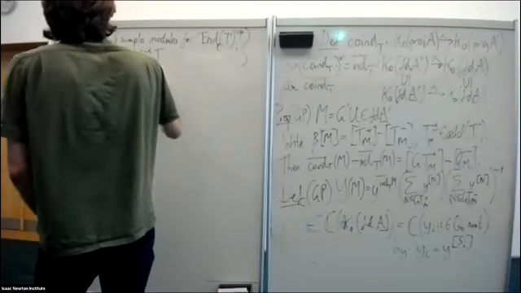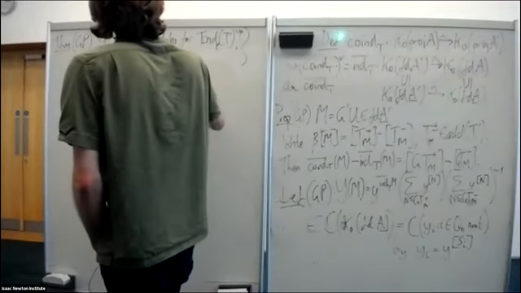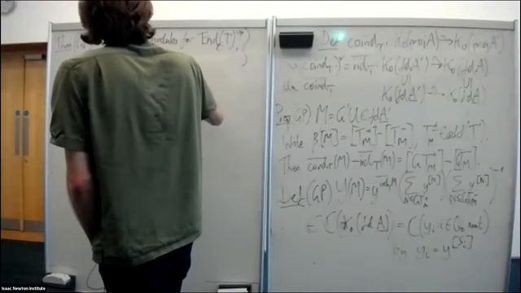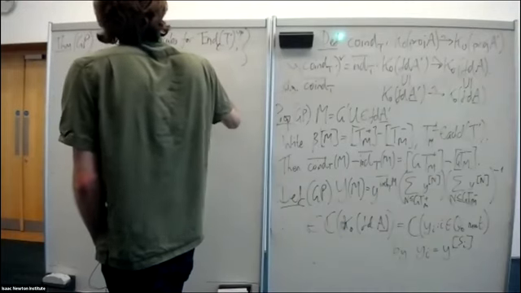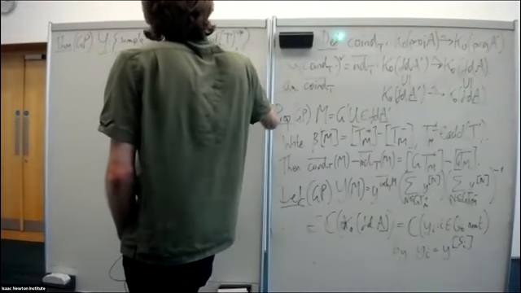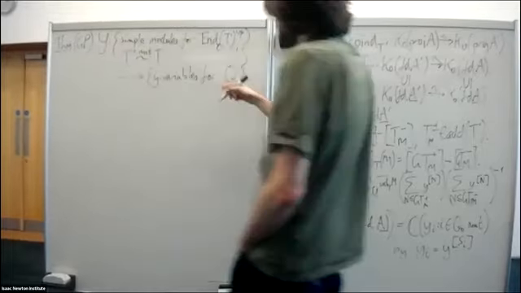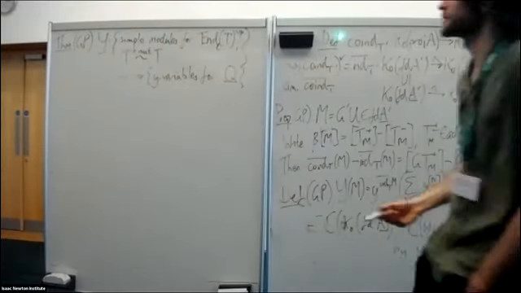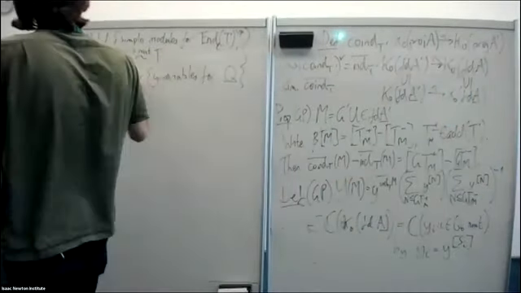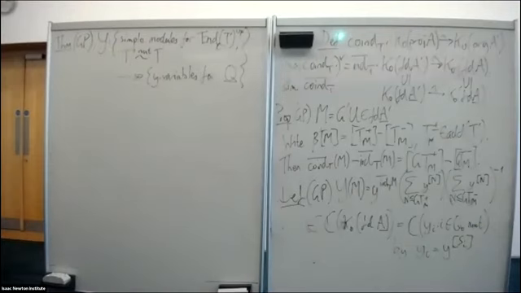It maps to Y cluster variables for Q underlined, so the mutable part of the quiver, the principal part of the quiver. And the theorem is it's surjective.